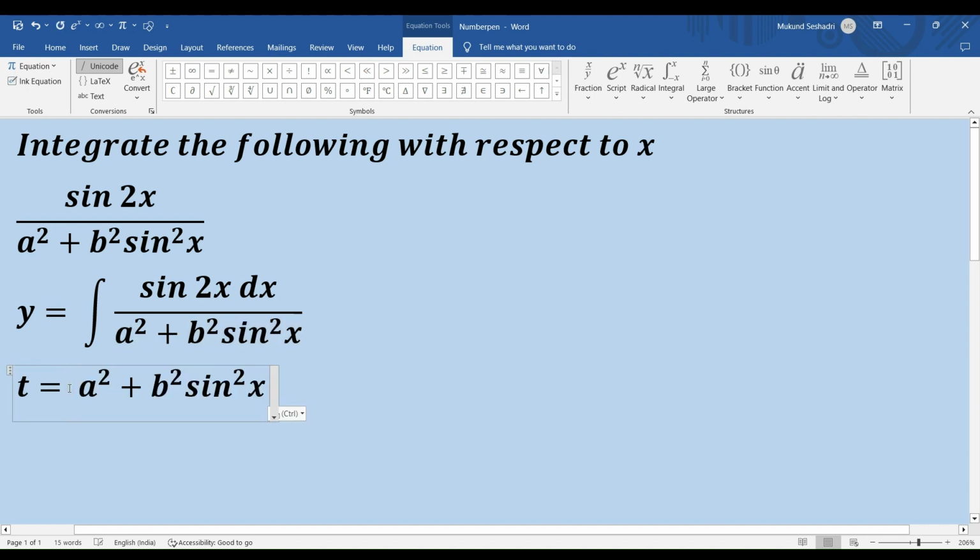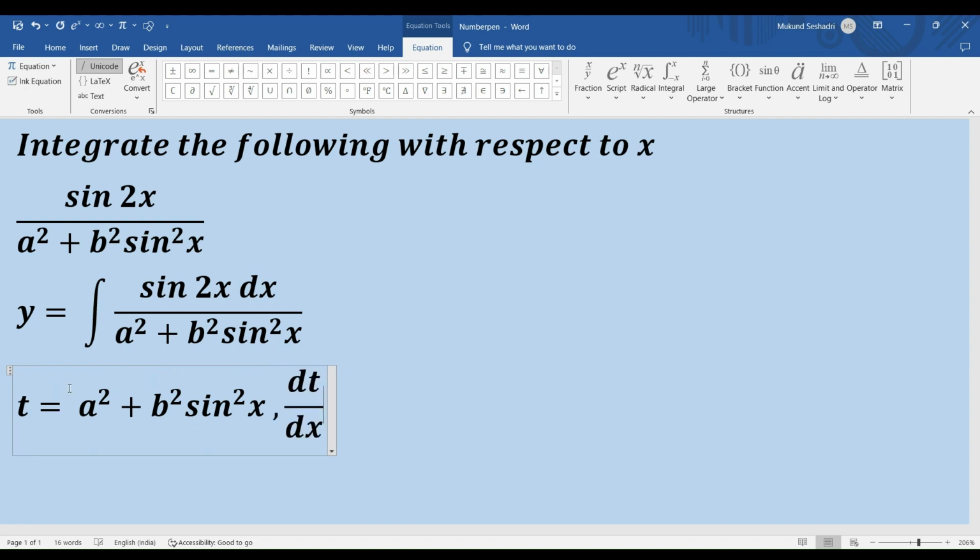I know that my a and b are constants, so d by dx of a square, or be it the constant b square, is always zero, right? I differentiate this on either side. What do I get? I get dt by dx equal to 0 plus b square times d by dx of sin square x, right? So my d by dx of sin square x is nothing but 2 times sin x into d by dx of sin x, which is cos x, right?